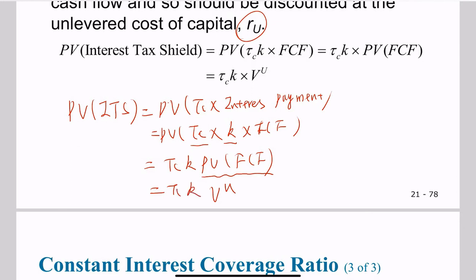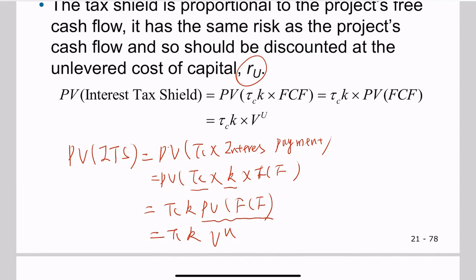So essentially, under the assumption of the constant interest coverage, the present value of the interest tax shield equals the corporate tax rate times this ratio K times the firm's unlevered value.